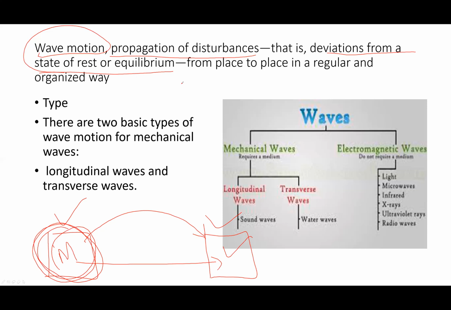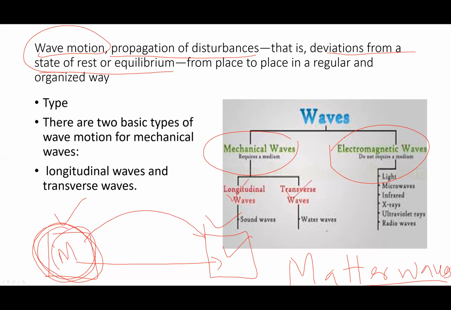Waves have two types: mechanical waves and electromagnetic waves. In your book, there are two types of waves, mechanical waves and electromagnetic waves. But there is a third type also, matter waves. Mechanical waves are divided into two types, longitudinal waves and transverse waves.